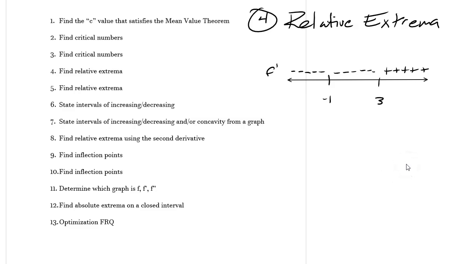What is this thing? That was a really good explanation. That was very good. That was 100% correct. That had a lot of info in there. That's basically what question 4 and 5 are. So the relative extrema you're going to find using the first derivative test.